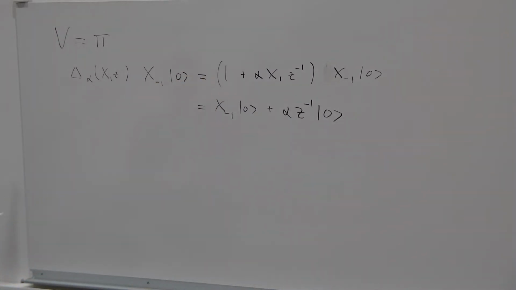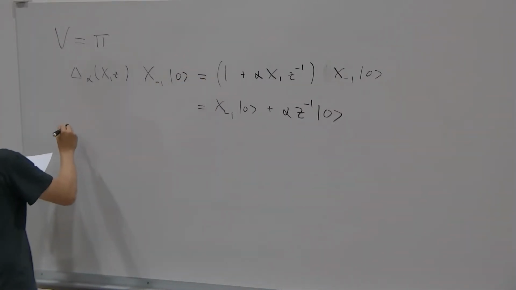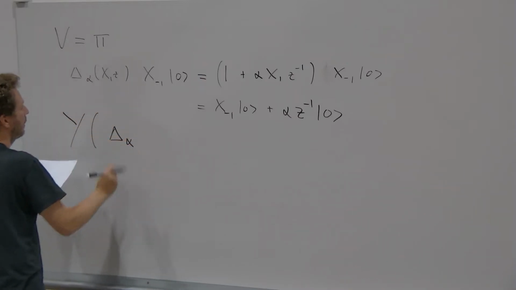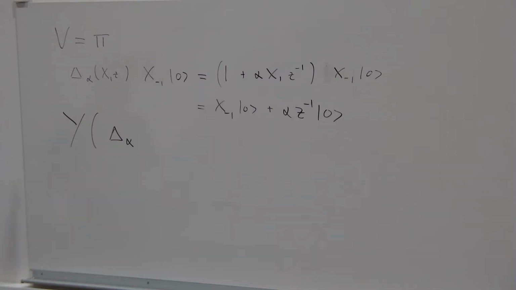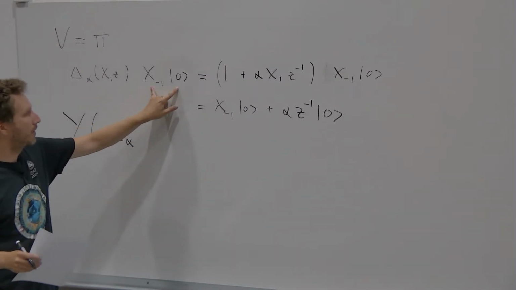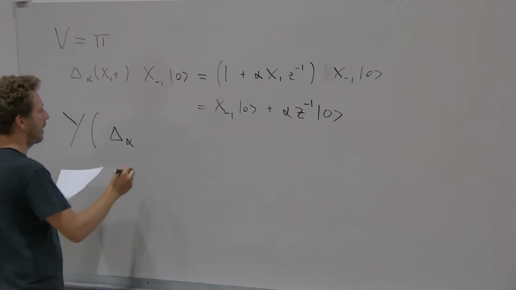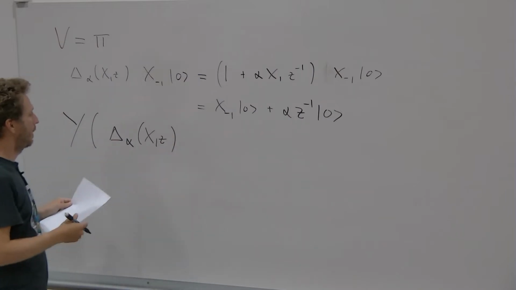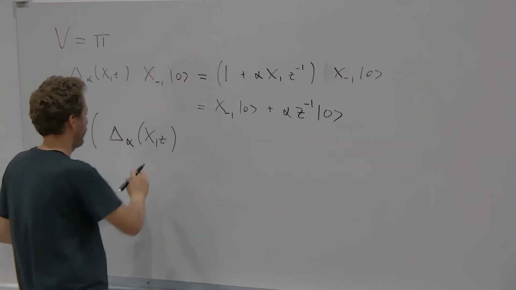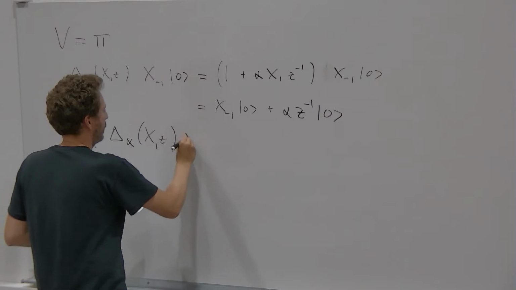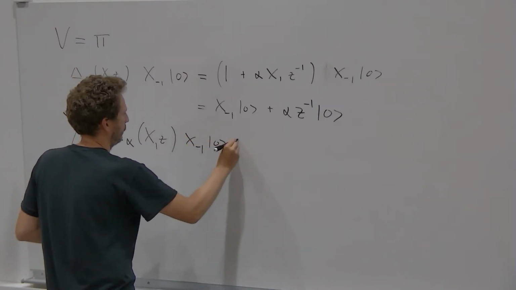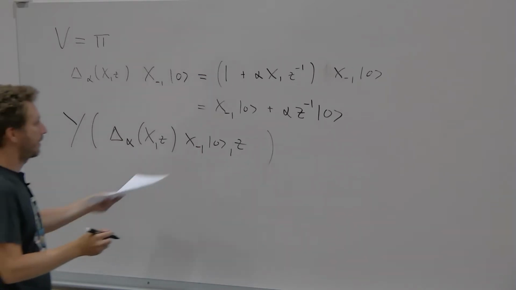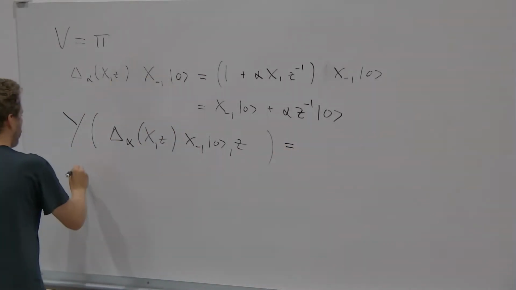Okay, now let's go on. What is the action of the Heisenberg field corresponding to this vector on the twisted module? It is the action by the delta operator acting on this vector. Right, this is the definition of the action. And now we can just insert what we computed.